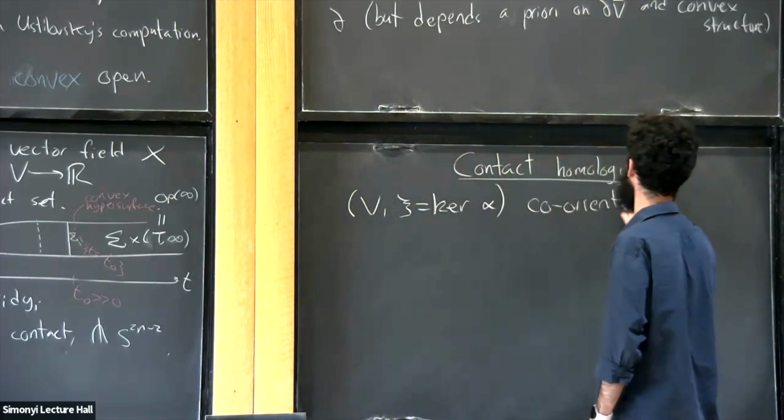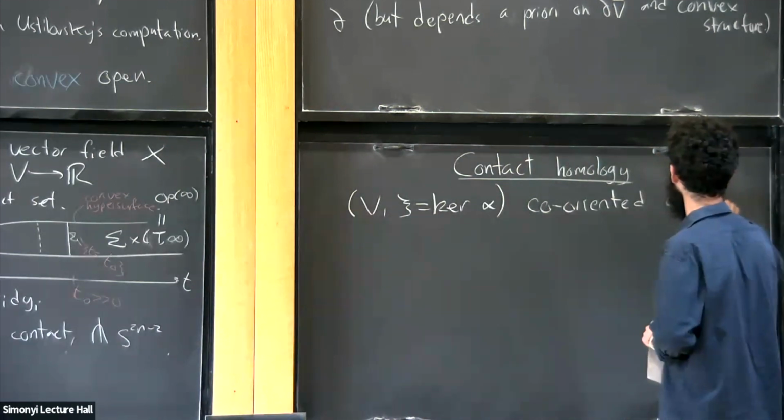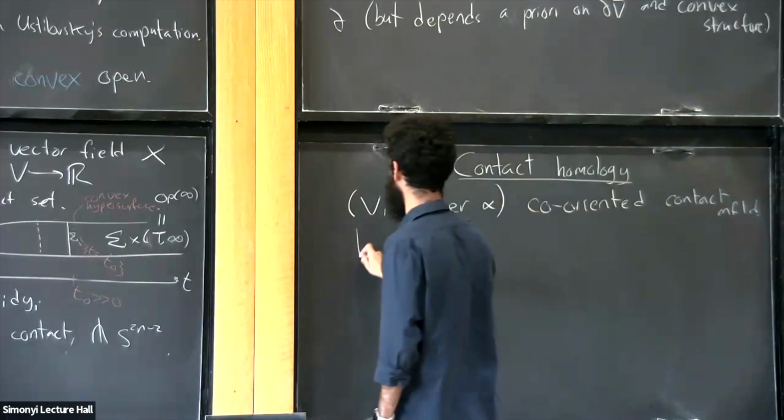So you have a cooriented contact manifold and a fixed contact form on it. Then we have the Reeb vector field.